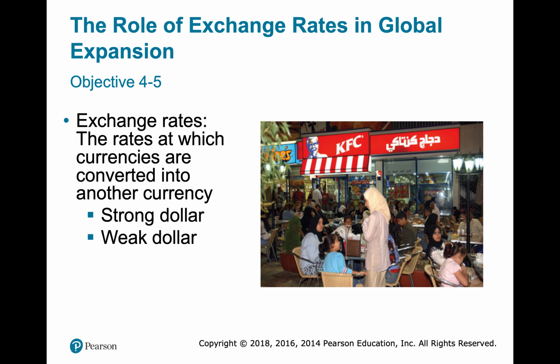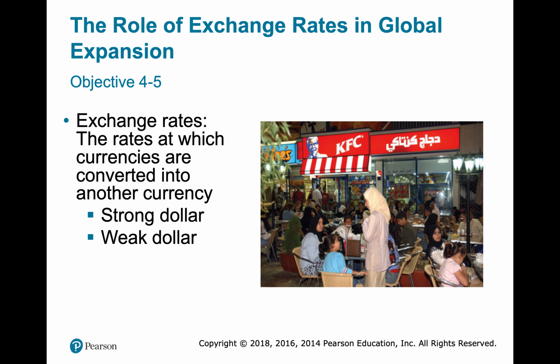So US exporters, that would be companies that are exporting goods away from the United States towards other countries, prefer a weak US dollar, which seems counterintuitive, but it's actually true. They prefer a weak dollar because that means that their products will be more affordable to foreign consumers, right?